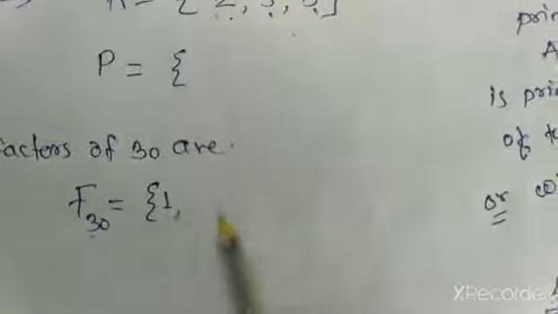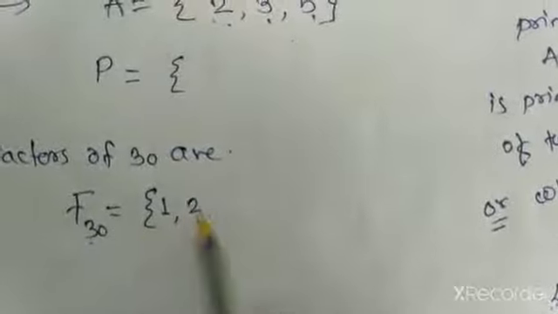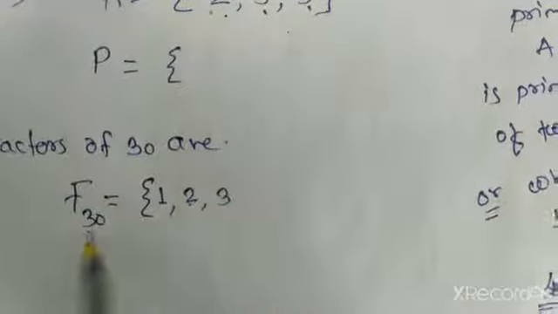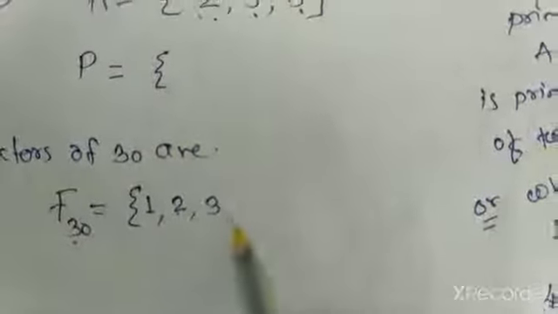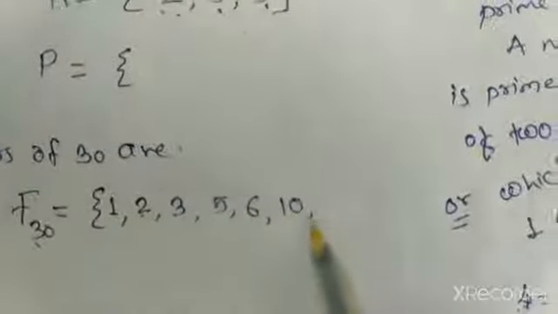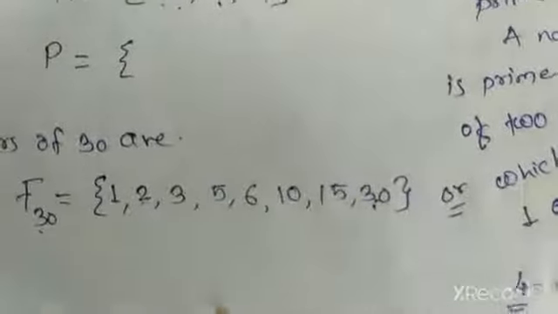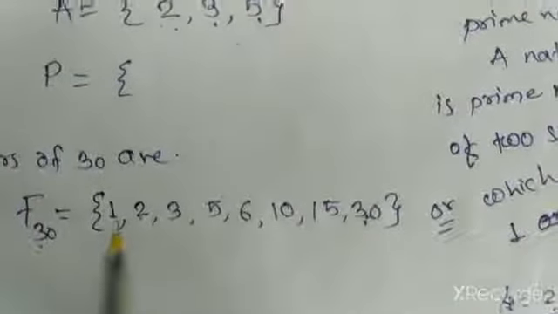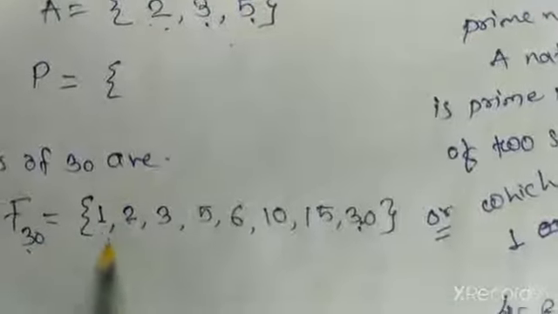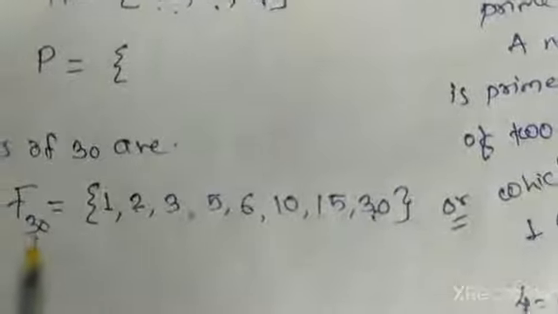Which are the divisors? 1 divides 30, 2 is a divisor of 30, 3 is a divisor since 2 fifteens are 30, next 5 is a divisor, then 6, 10, 15 and 30 itself is also a divisor of itself.